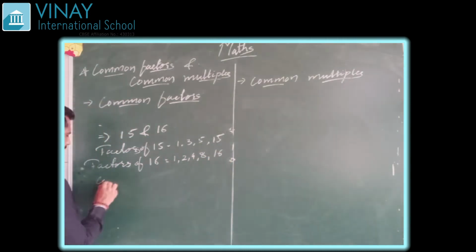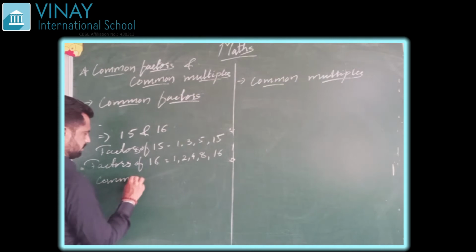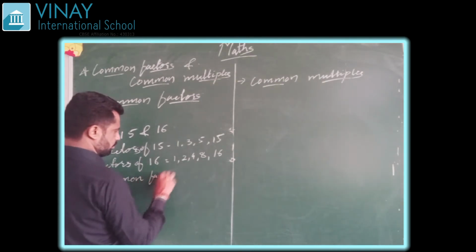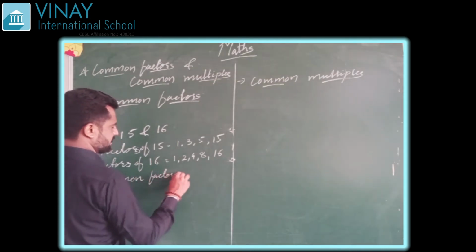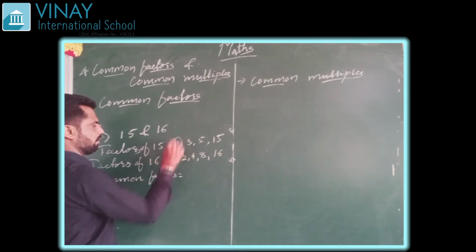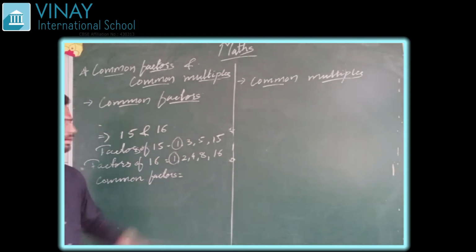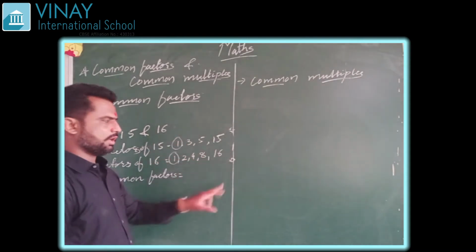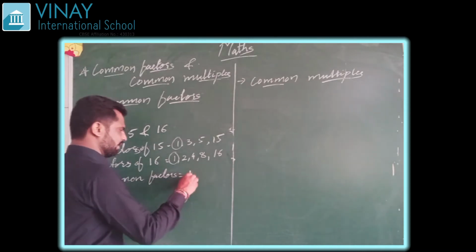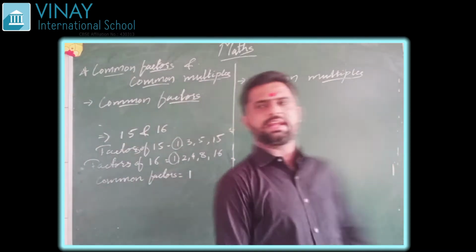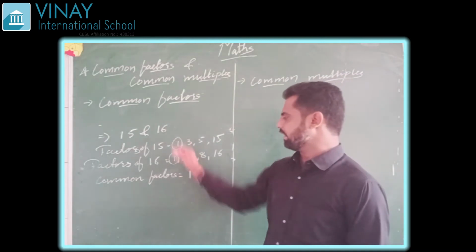So the common factor is 1, the rest are not common. So we can say that the common factor of 15 and 16 is 1.